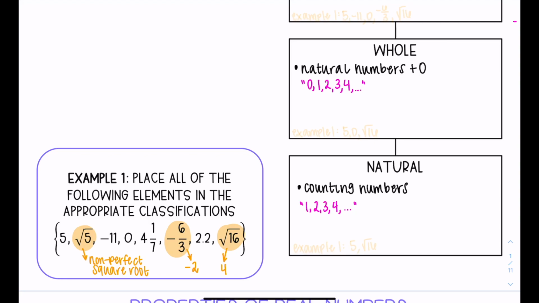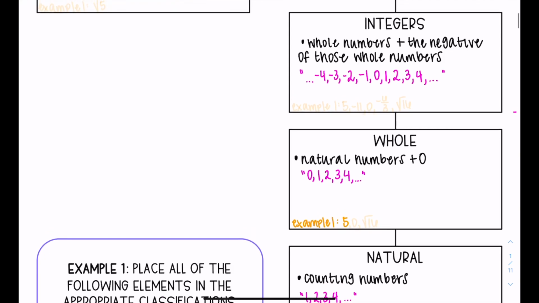Let's start with 5. Where would we put 5 down? Well, 5 is one of the natural numbers that we learn as a kid. 1, 2, 3, 4, and 5. So that means it's going to go into the natural numbers. It's also going to be a whole number. It's also going to be an integer.